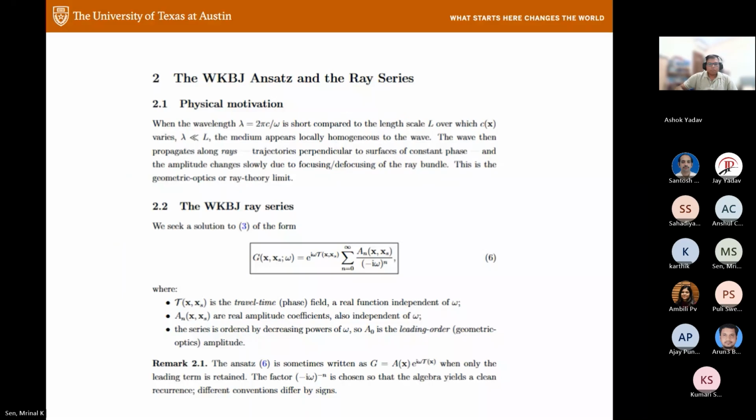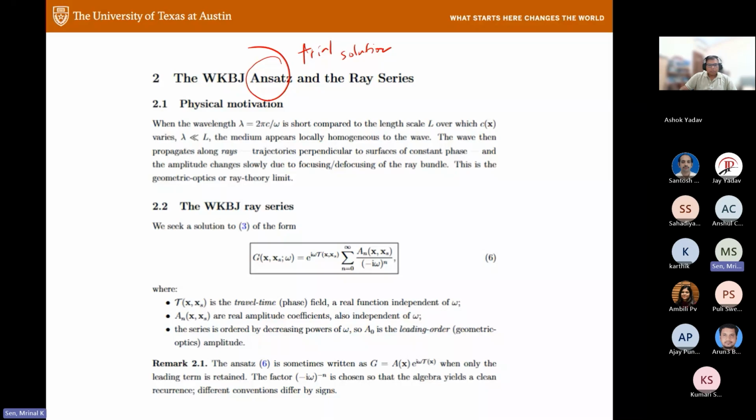So what we will do here is try an ansatz. Ansatz means trial solution. I don't know if you're familiar with this term. Mathematicians use it a lot. And we will try to get a ray series solution.